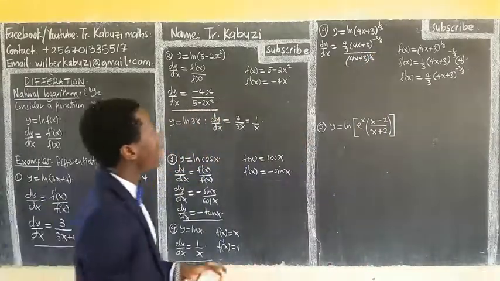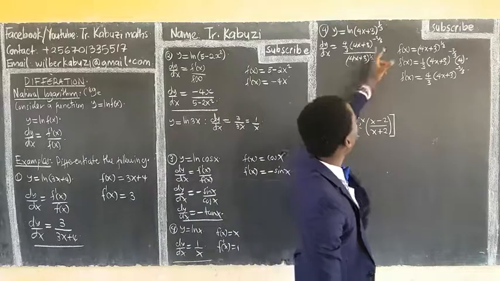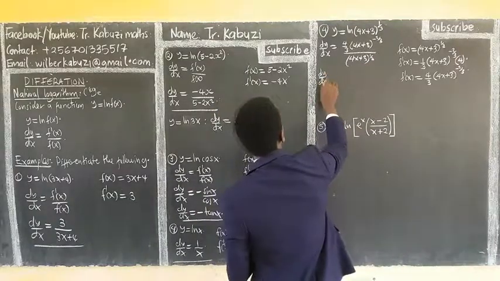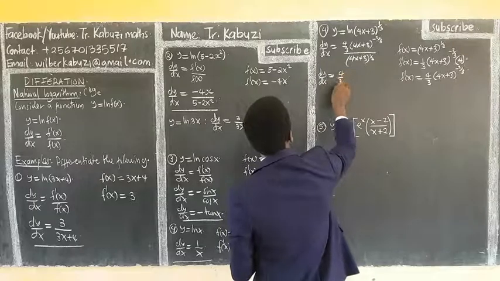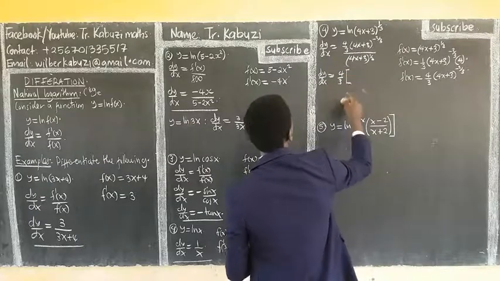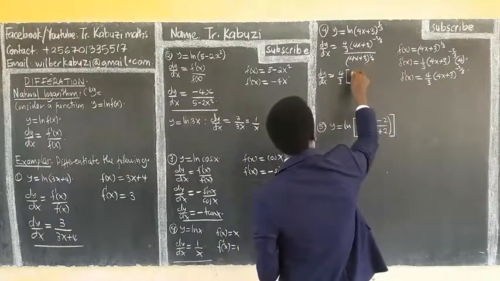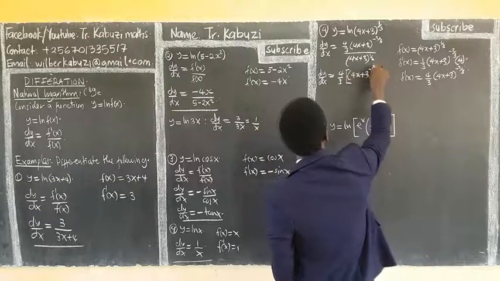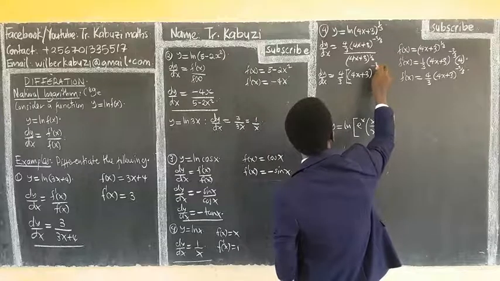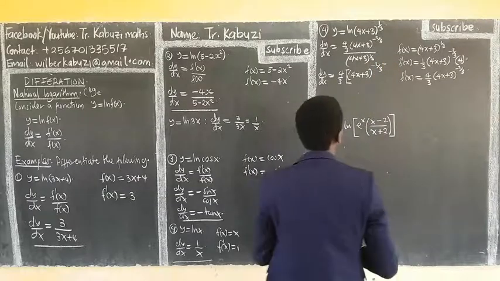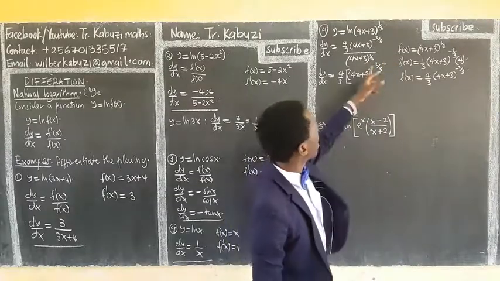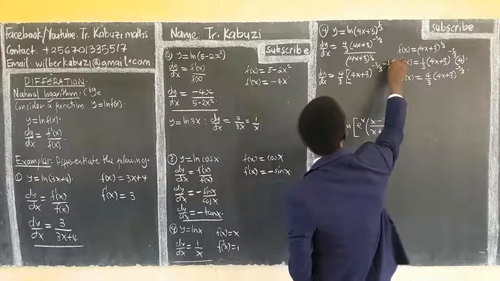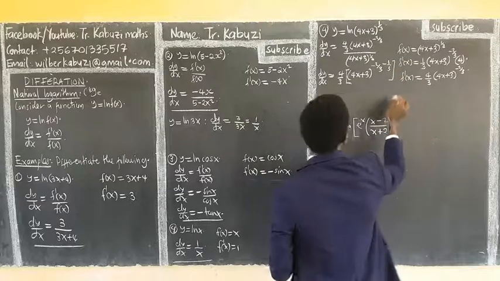What happens there is that this third, we can take it up there, and our dy/dx becomes simplified to the simplest fraction. When I take this up, it's going to be 4x plus 3 with the power negative 2 over 3, and when this one goes up, I'm going to have a negative third using the idea of indices.